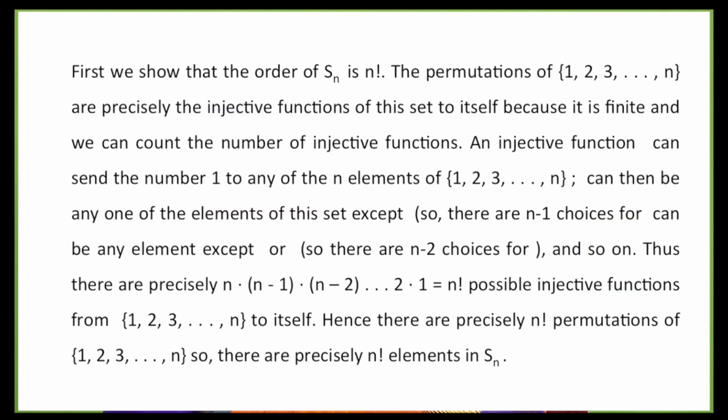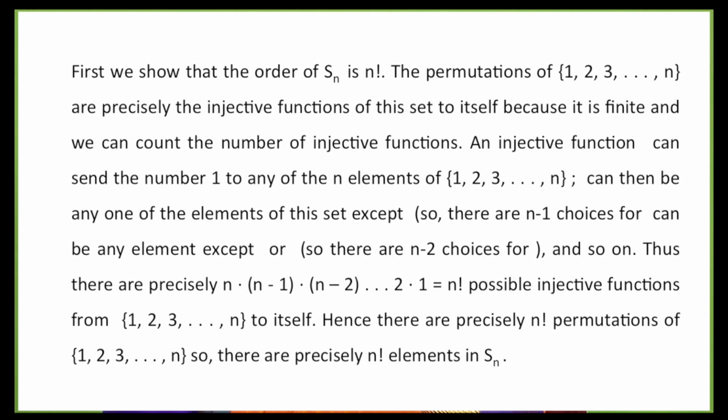First, we show that the order of S_n is n factorial. The permutations of 1, 2, 3, up to n are precisely the injective functions from this set to itself, because it is finite and we can count the number of injective functions.